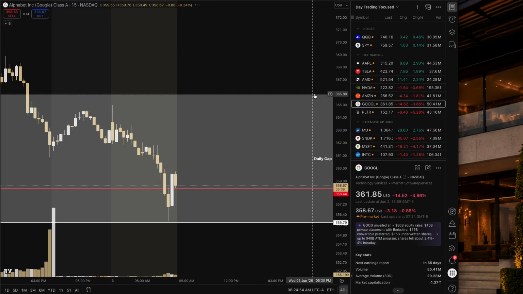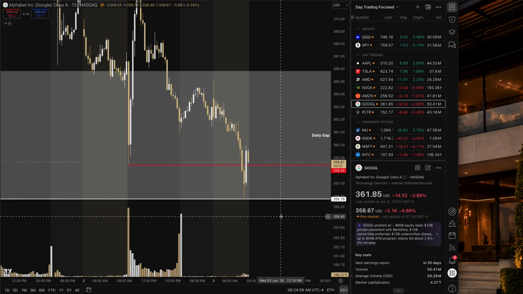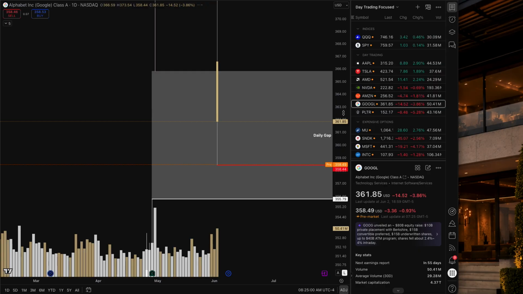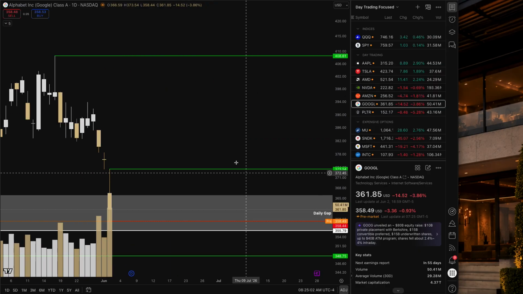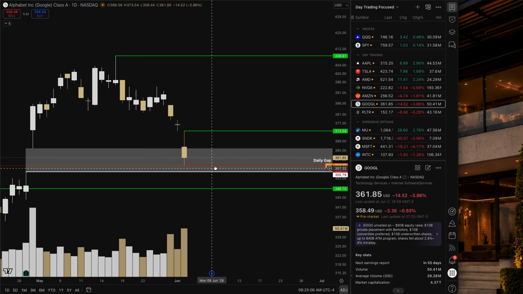Let's go to Google. Okay, Google has filled up the gap, as you can see. Like I told you guys yesterday, in the last two videos I was talking about how Google can fill the gap here, the daily gap.